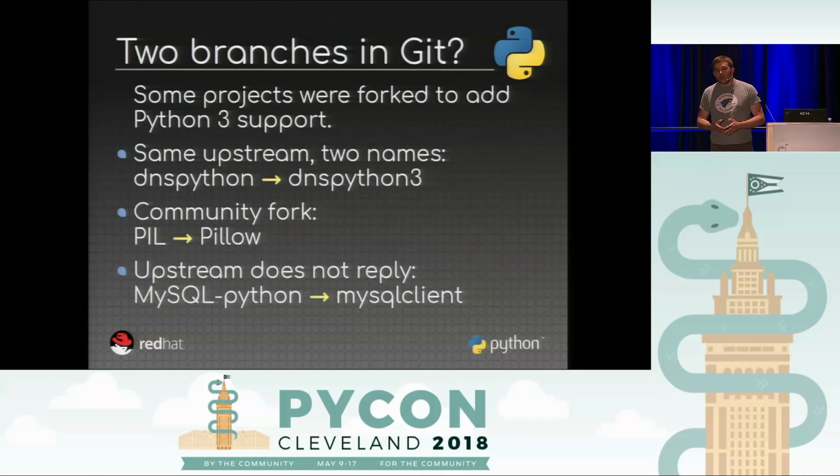For example, I'm working on OpenStack. On OpenStack, we use the favorite database, MySQL. And to access MySQL, we used the MySQL-Python driver, but this one didn't support Python 3, sorry. So someone forked MySQL-Python under a new name, which is mysqlclient, to add Python 3 support and to add new features and to fix bugs.